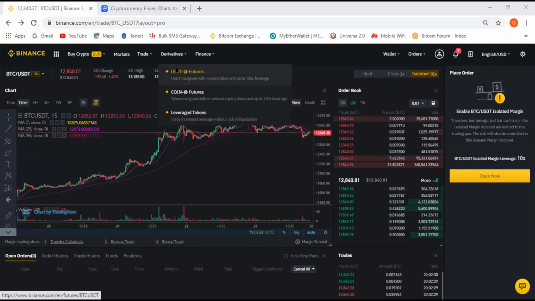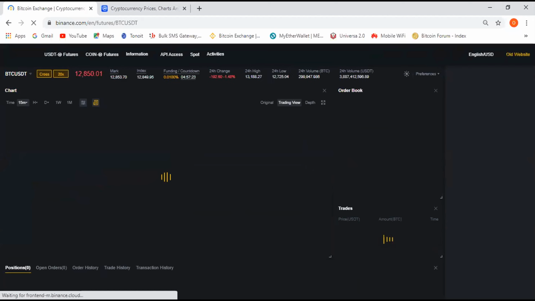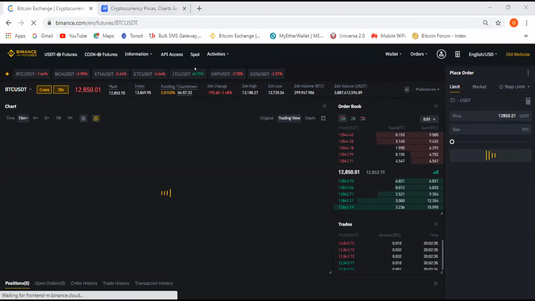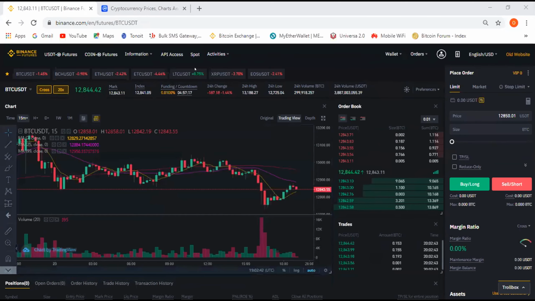So once you are going into it, you are using USDT futures. That's USDT-M futures. The same thing you see on your phone. Once you are in futures, the first thing you need to look at is the pair.